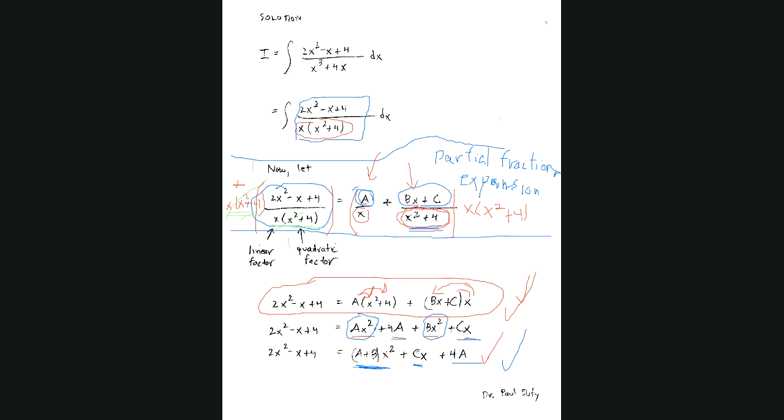Second degree. So in the numerator, I put b times x plus c. What's the degree of b times x plus c? That's 1. The power on x is a 1, so it's first degree. That's how you determine what goes in the numerators. Okay, that makes sense. Good question.